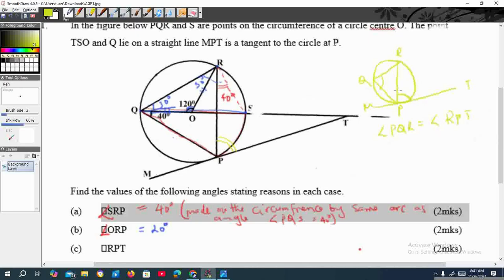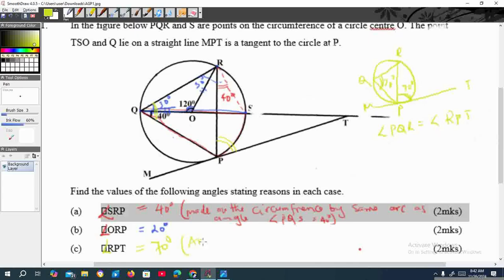So chord RP makes this angle together with the tangent on this minor segment of the circle, and it also makes the same angle PQR, this angle here, on the bigger segment or the major segment of this circle. So PQR is this angle here. So 40 plus 30, 70. This will be 70 degrees. So angle RPT will be 70 degrees.